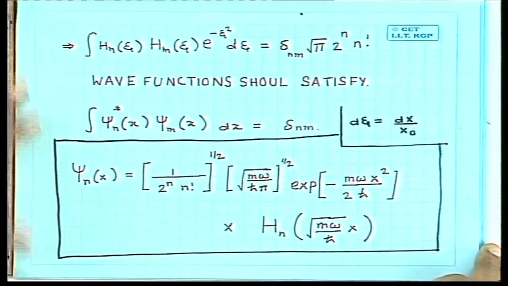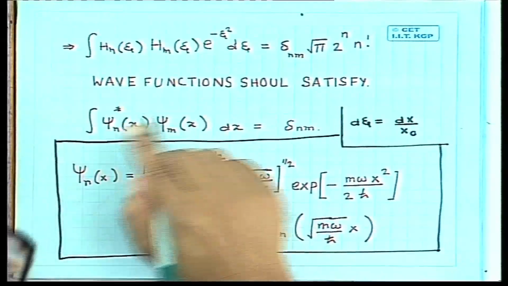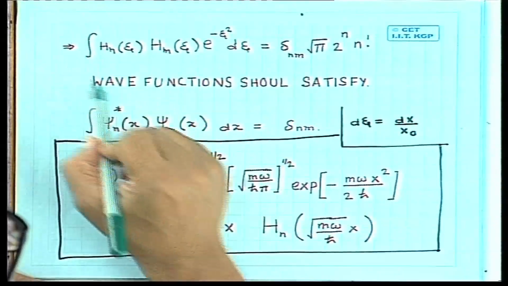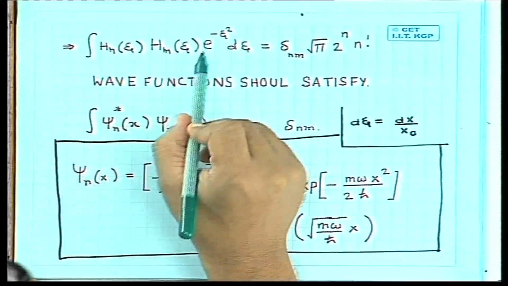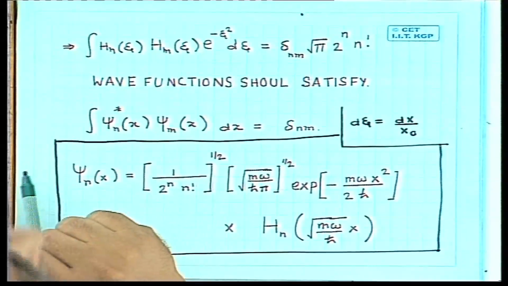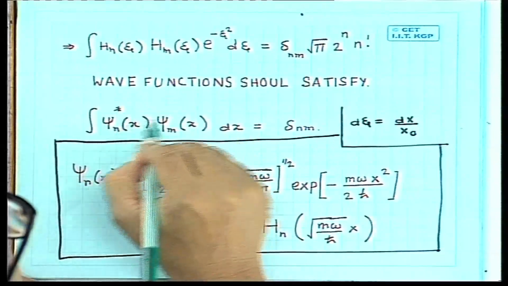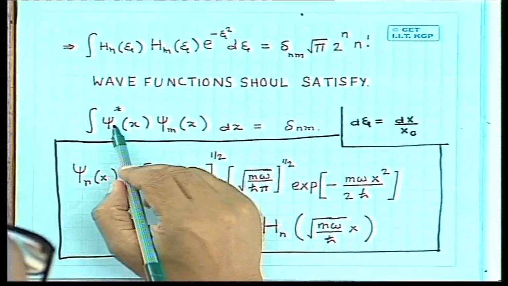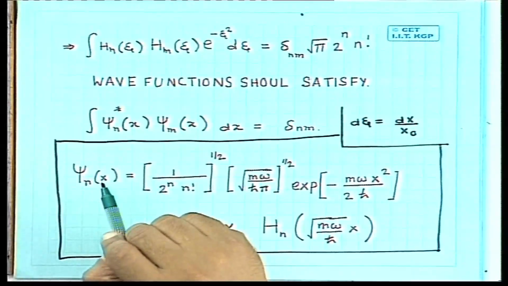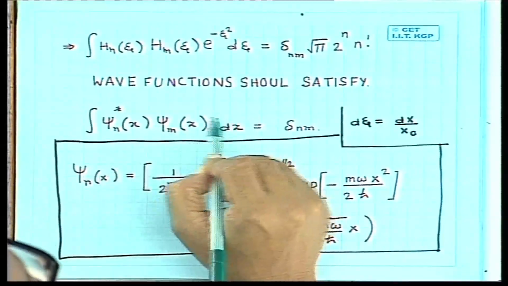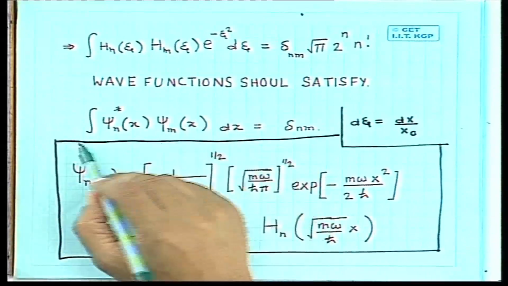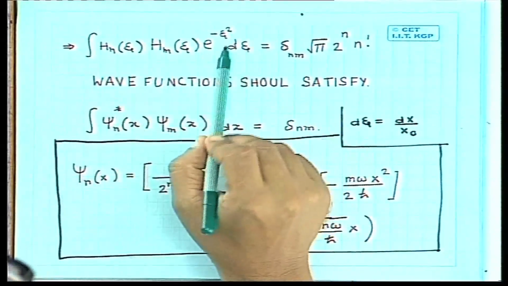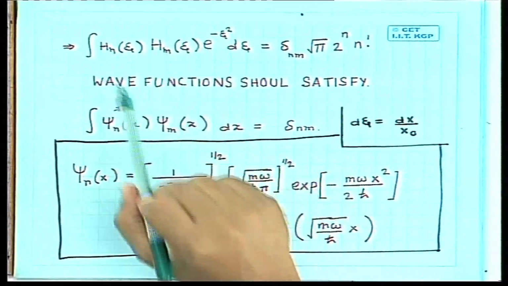Okay. So coming back to the normalization of the wave function, since we have obtained this relation between the integrals of the Hermite polynomials, we would like to define the wave functions so that they are normalized, which means that if I take two wave functions corresponding to different eigenvalues and multiply them and integrate it over all x, it should be 0, which is what we find these Hermite polynomials satisfy.